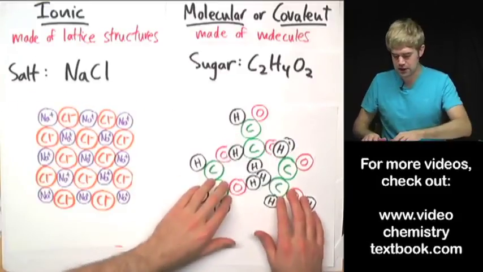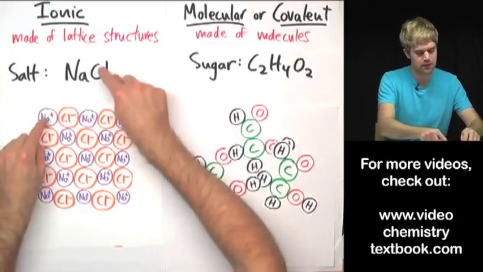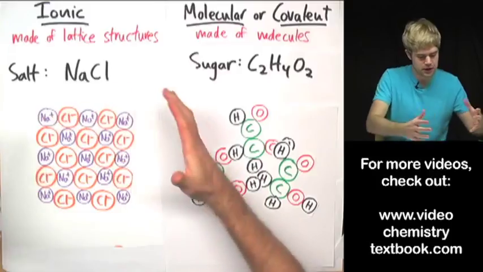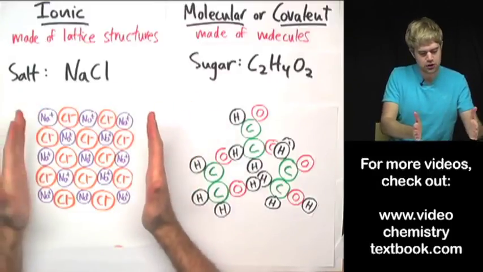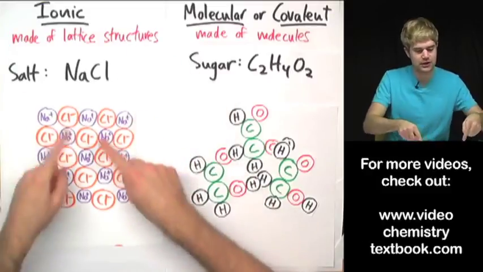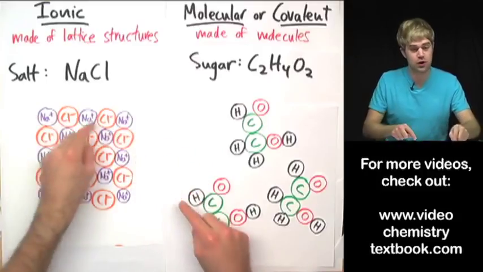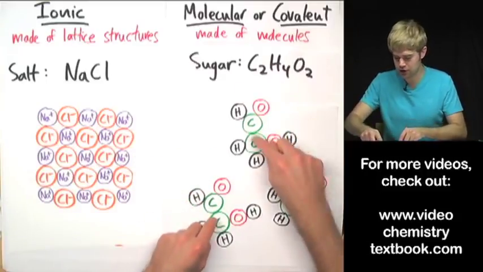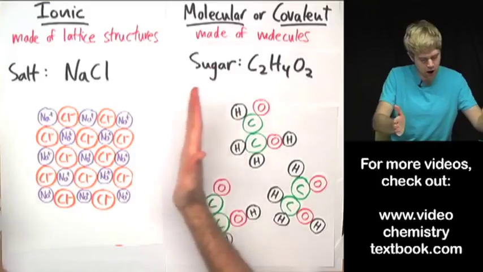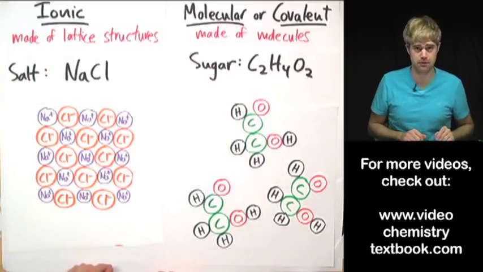Look how different this is from the molecules that make up sugar. You just have the sodium and the chloride atoms stuck together in this very organized box-like shape. This is what a lattice structure is. There aren't individual clumps of sodium chloride the way there are individual clumps of sugar. Instead, all the atoms are stuck together in this very regular shape.